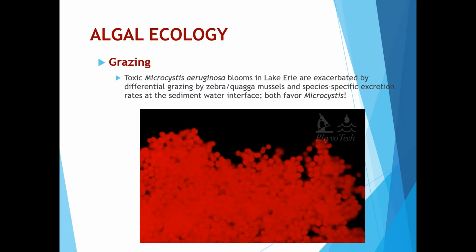They eat all the other algae that are present so that they take all the competitors for Microcystis away, and they excrete at a nutrient ratio that's perfect for Microcystis. So pretty commonly when you see big populations of zebra and quagga mussels, you might have a short-term few year clearing phase, and then all of a sudden you'll start to see horrific Microcystis blooms. It's not just happening in Lake Erie, it's happening in other lakes as well.